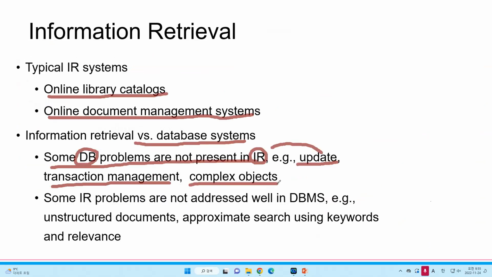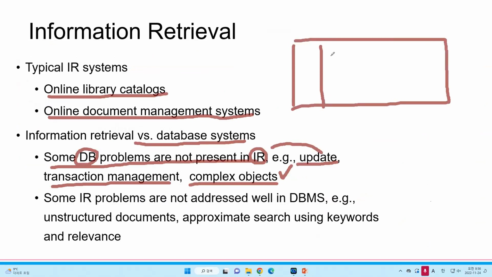Complex objects. If you learn database, you will deal with complex objects. Maybe there's a table. The table contains name, and then maybe student ID, and then it contains a photo.